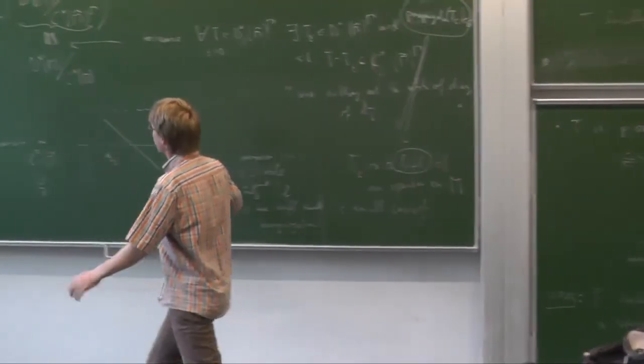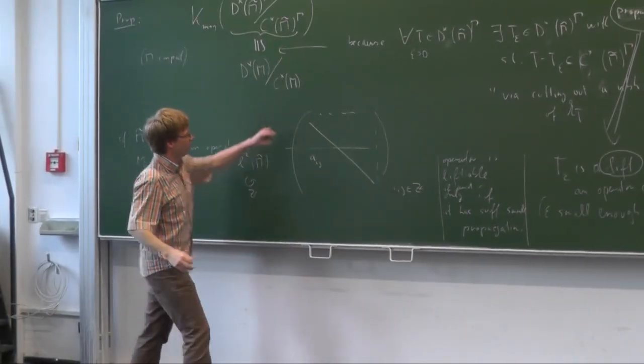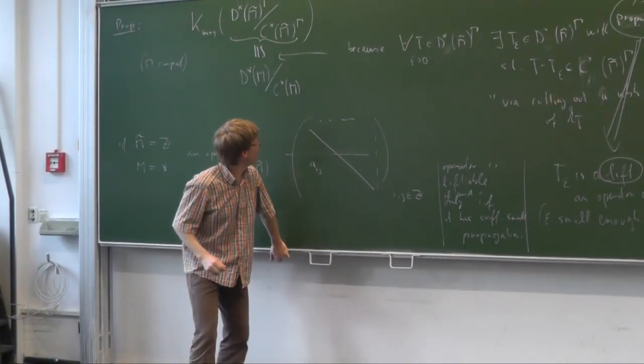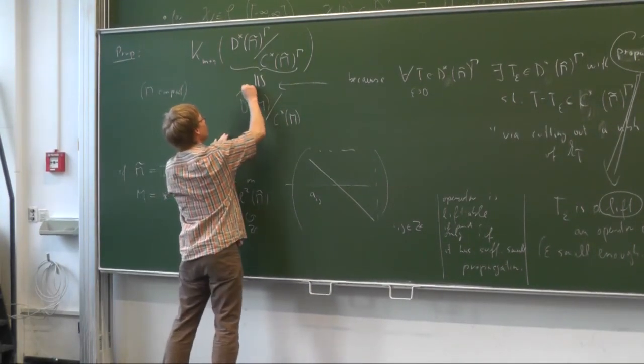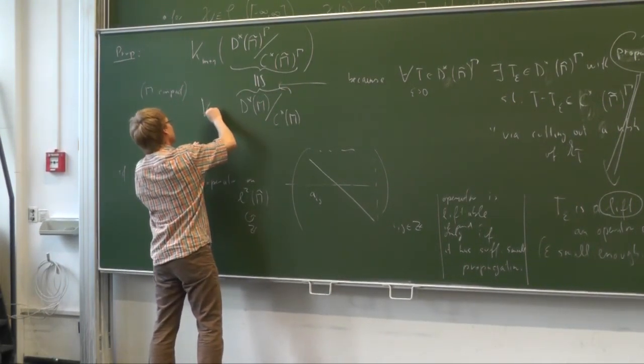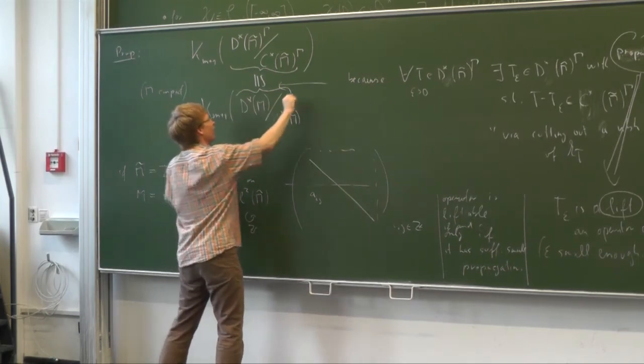And vice versa, the things upstairs come from downstairs if they have small propagation. So that's why this is an isomorphism of algebras. And clearly there is then also an isomorphism on the K-theory groups.